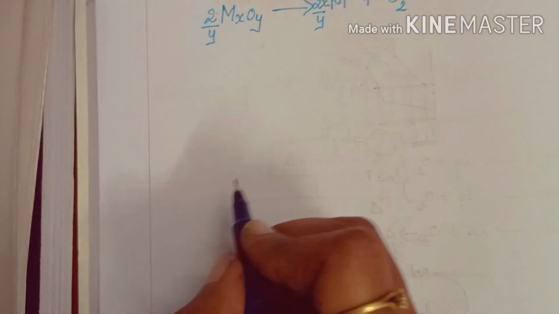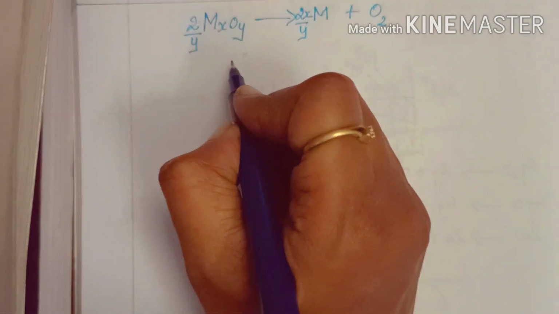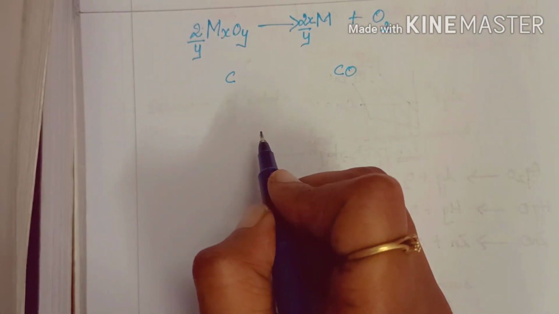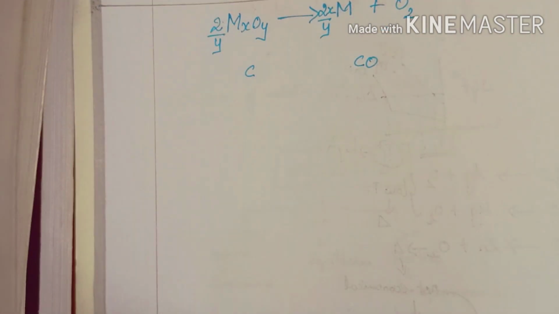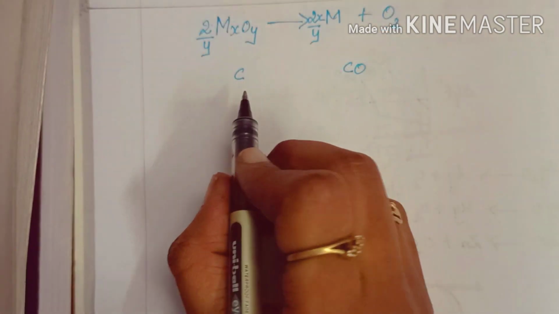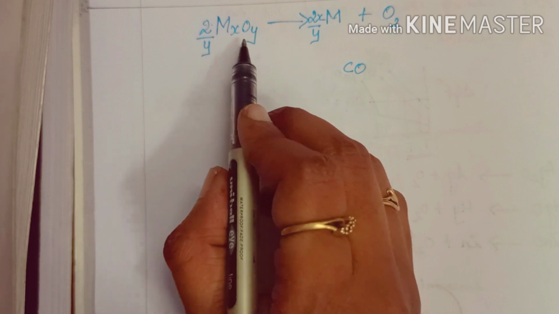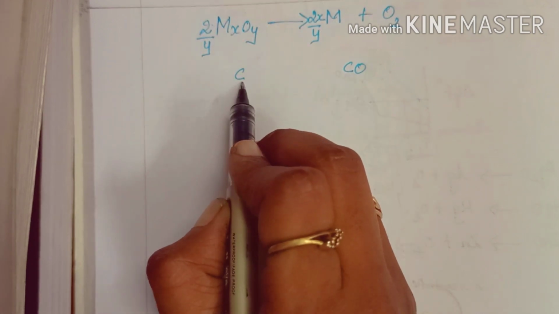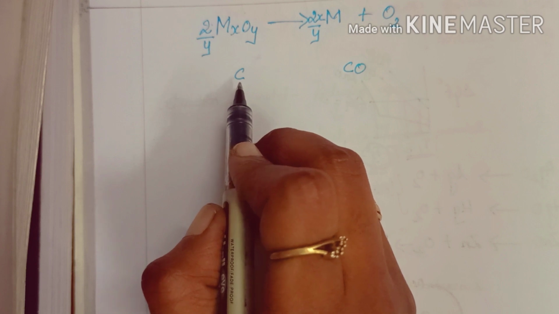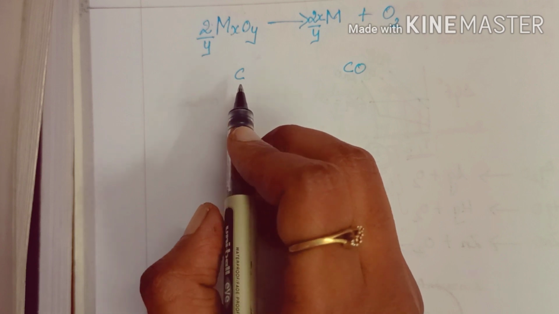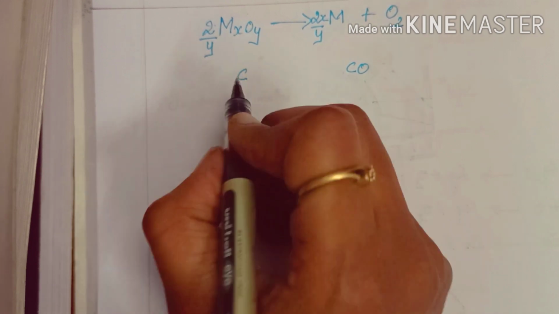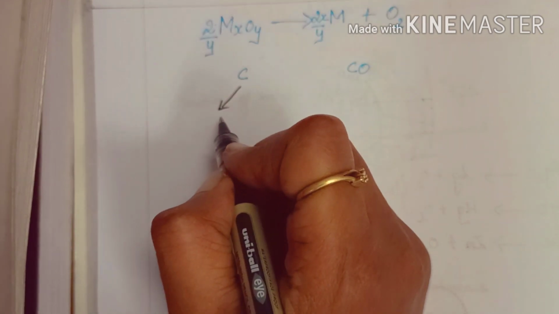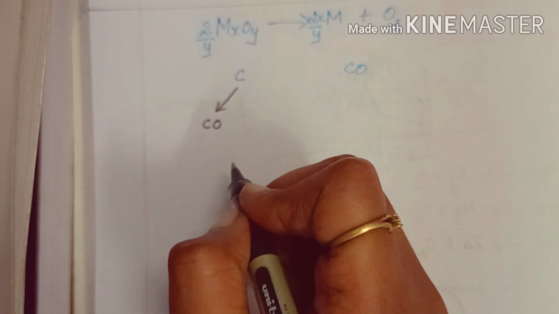Okay, so if suppose carbon and carbon monoxide are the reducing agent, now what is the role of reducing agent? The reducing agent will reduce the metal oxide and it gets oxidized by itself. It is the role of a reducing agent. So if one oxygen is added, this carbon gets oxidized to carbon monoxide.